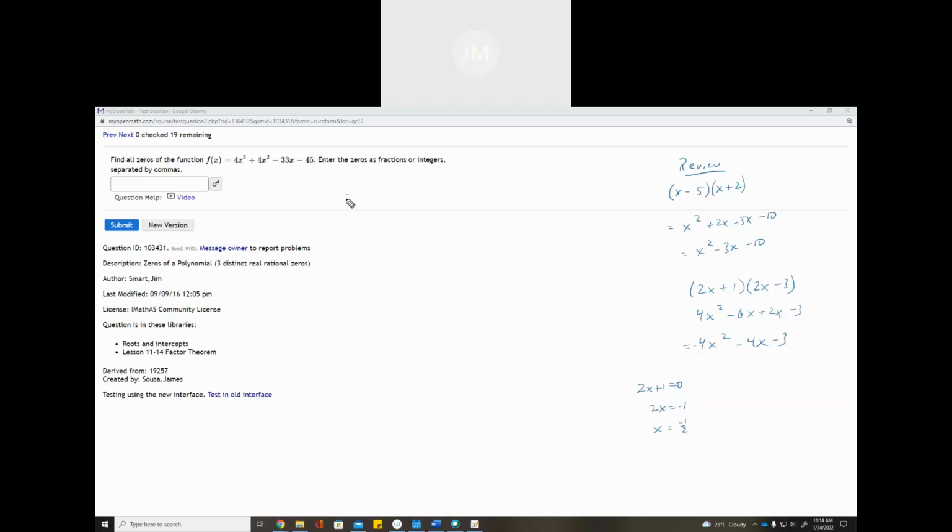So if I look at the possible zeros, what are the factors of 45? I could take 1 and obviously negative 1. 2 doesn't work, but I could divide this by 3, and I could divide it by 5.